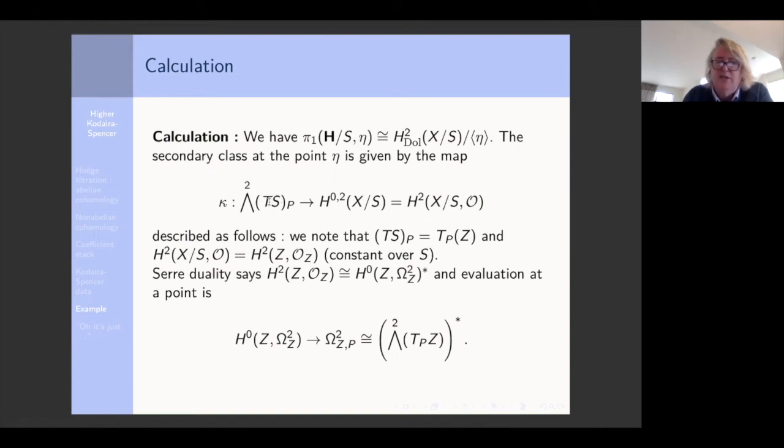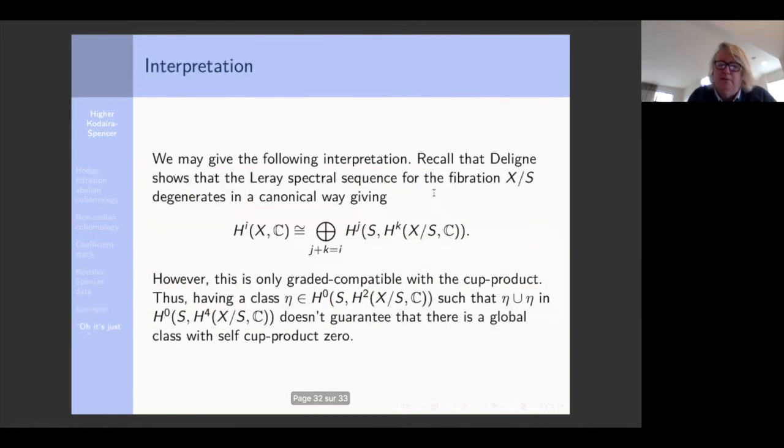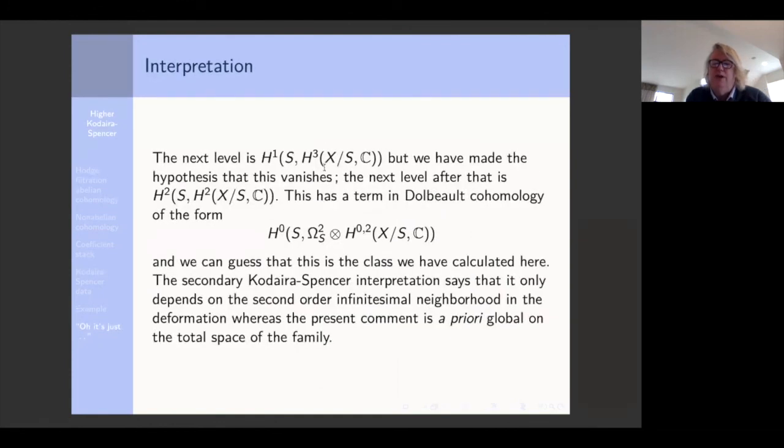I'm saying that this map takes alpha wedge beta to, the guess is, the fourth Massey product, eta, eta, alpha, beta, basically. Having the third Massey product vanish because of our hypothesis that H^3 vanishes.